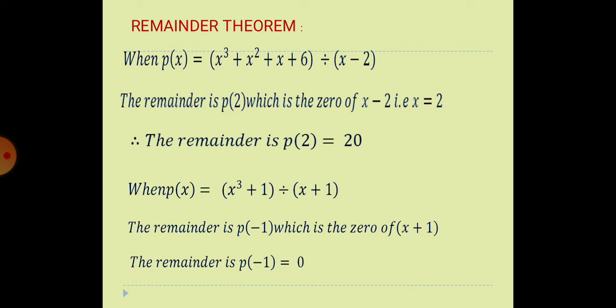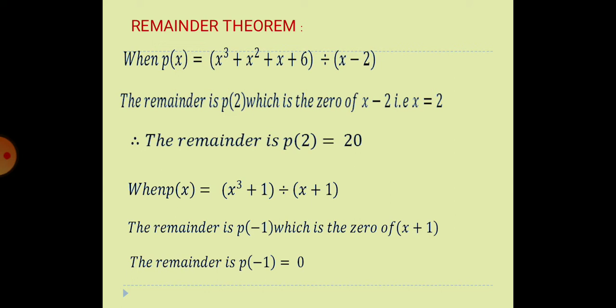For example, if x cube plus x square plus x plus 6 is divided by x minus 2, then 2 is the zero of the divisor and p of 2 is the remainder, which is 20. We got it as 2 cube plus 2 square plus 2 plus 6, that is 8 plus 16 plus 2 plus 6, that is 20.